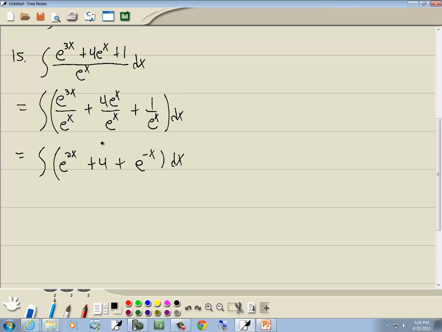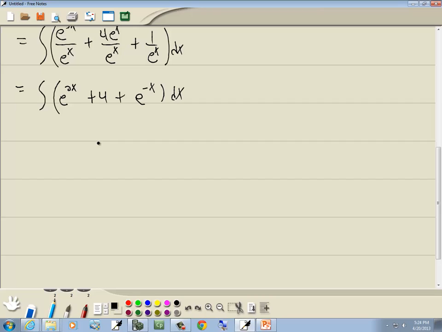Now we can split these into separate integrals. So we're going to have the integral of e to the 2x dx plus the integral of 4 dx plus the integral of e to the negative x dx. Well, this first one is a u substitution.